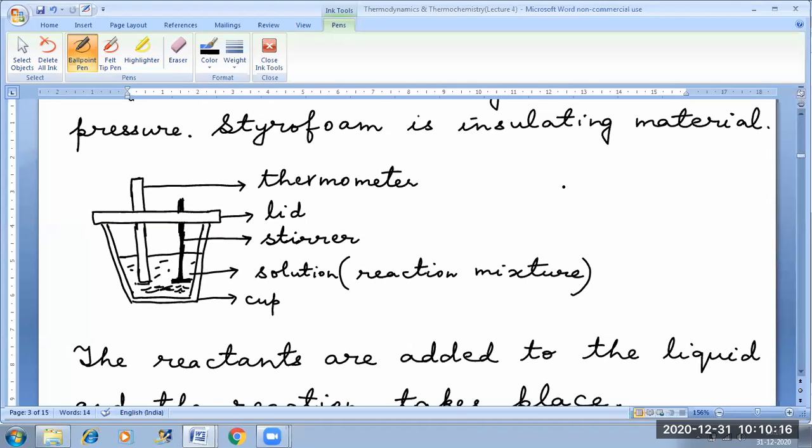Before you start the reaction, you see the temperature of the solution. Maybe it is at room temperature, so it will maybe show you some 35 to 40 degrees Celsius.